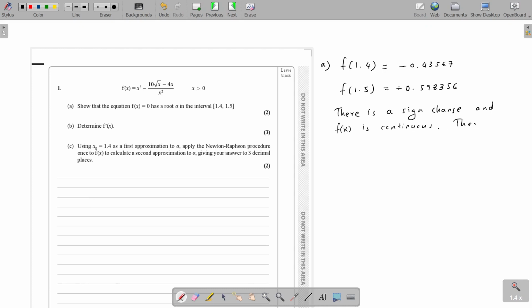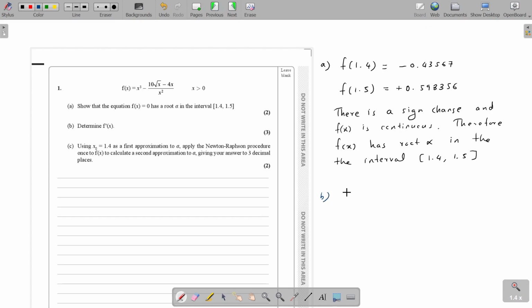Therefore f(x) has a root alpha in the interval [1.4, 1.5]. This would be a complete answer. Make sure you show the sign change, 1 mark for that, and another mark for the conclusion. Okay, so you get marks for the conclusion. Make sure you show it.